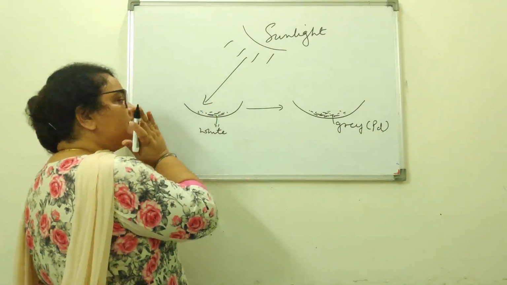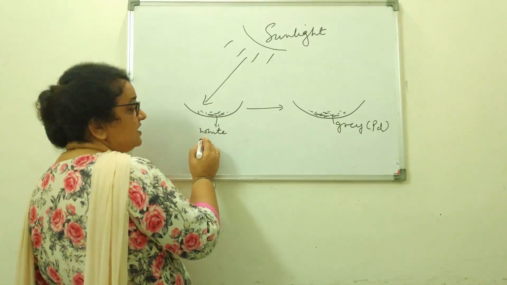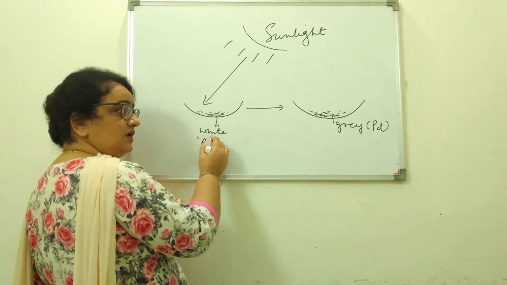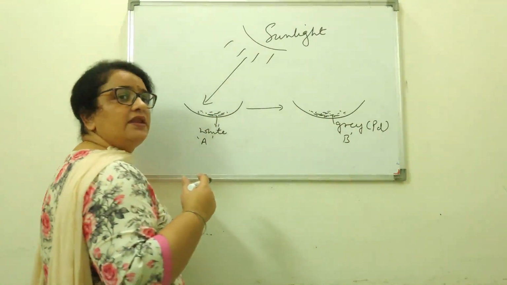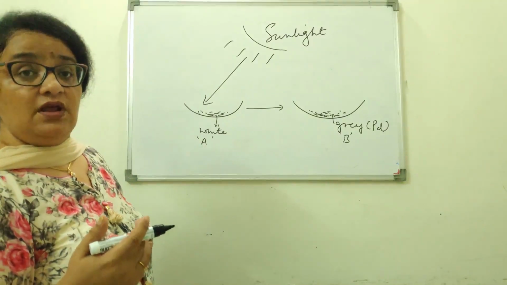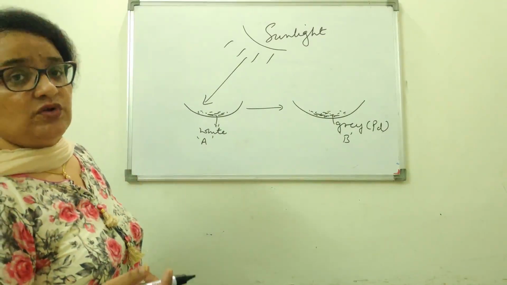Now the question for this is, name the white salt A and name the compound B and give the type of reaction and chemical equation also.